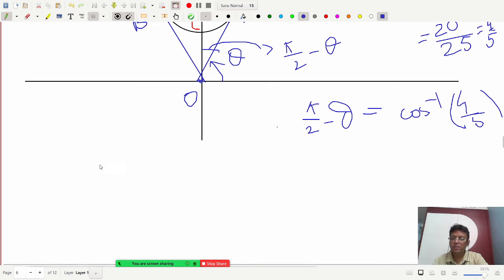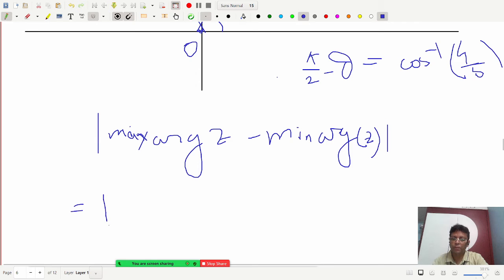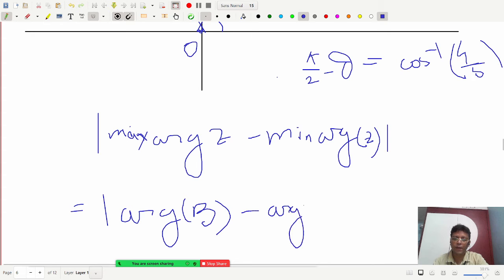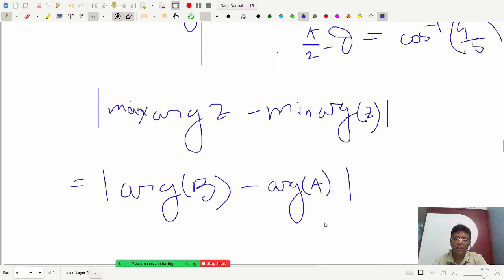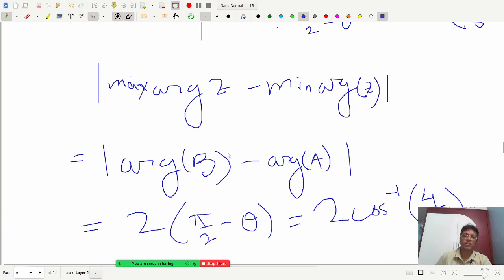So the max of argument of Z minus the min of argument of Z equals argument at B minus argument at A, which equals 2 times pi by 2 minus theta, and that is equal to 2 cos inverse 4 by 5, because we already proved the angle pi by 2 minus theta is cos inverse 4 by 5.